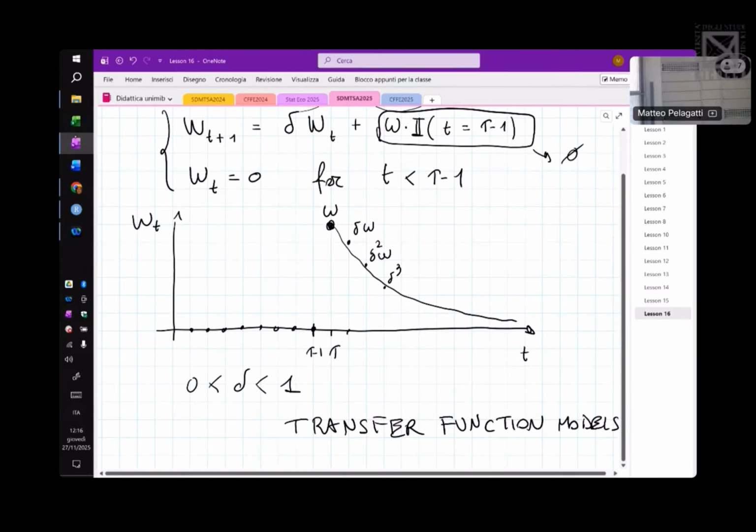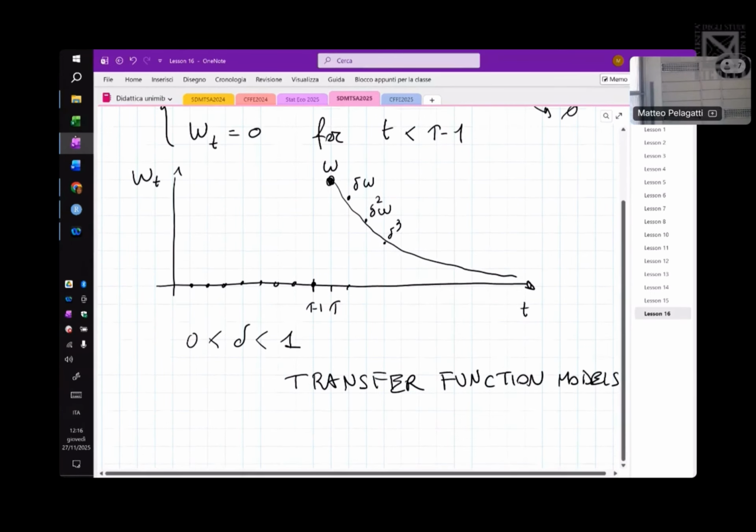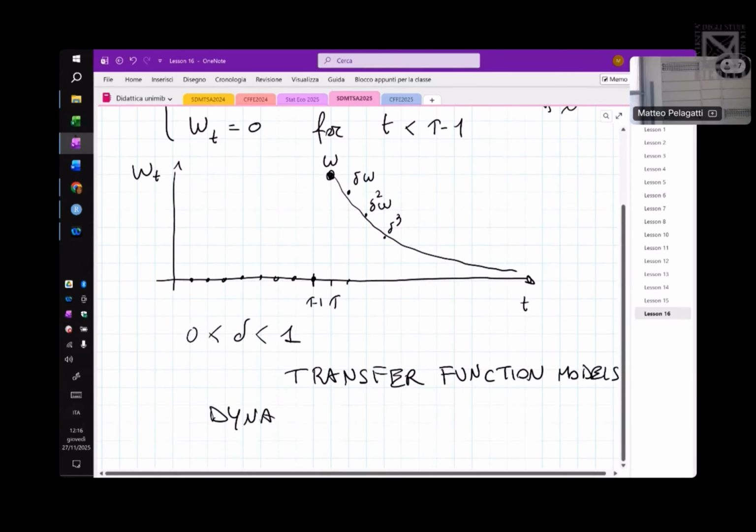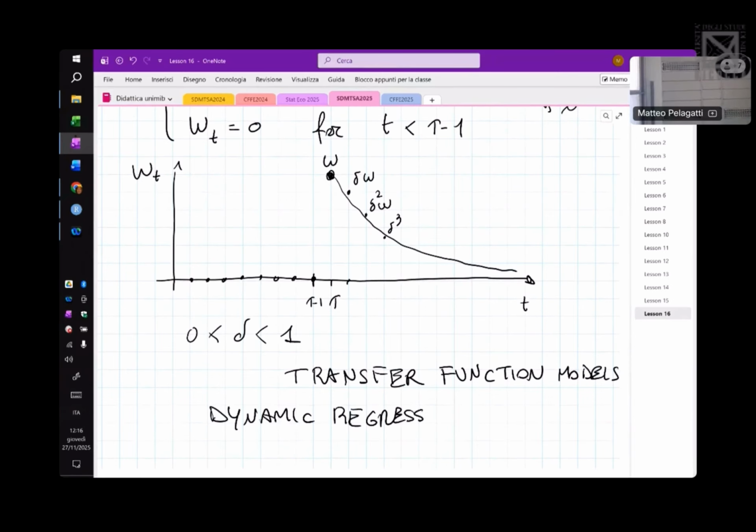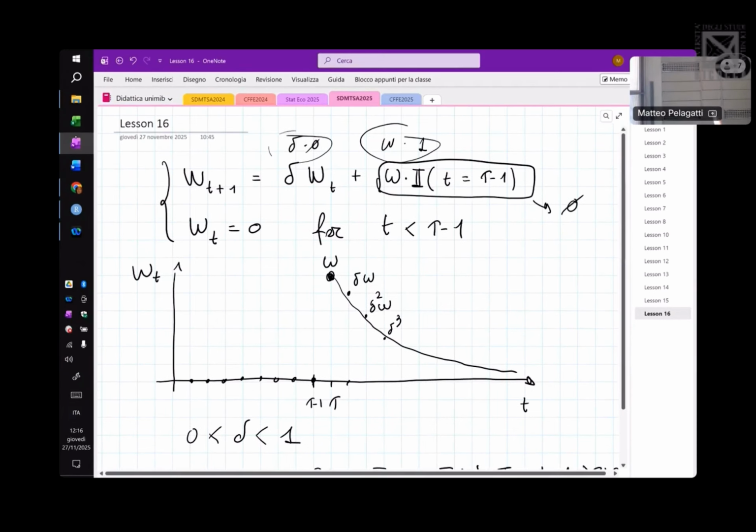Sometimes they're also called dynamic regression models.